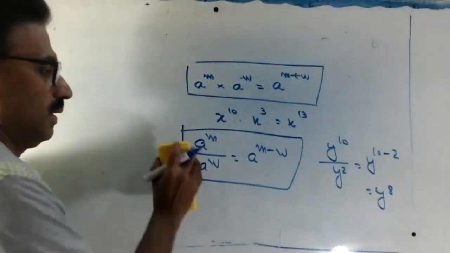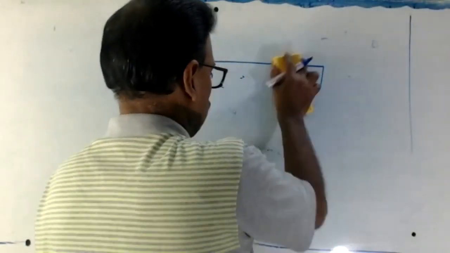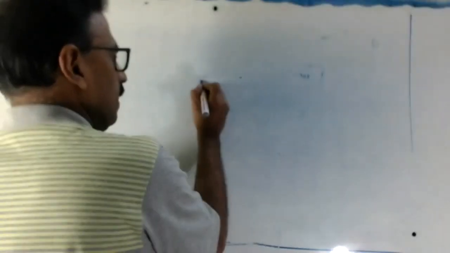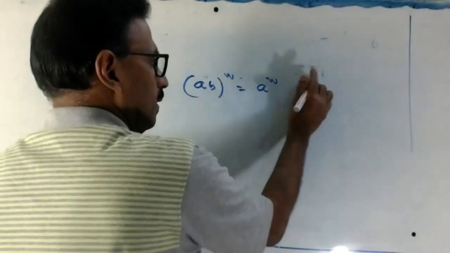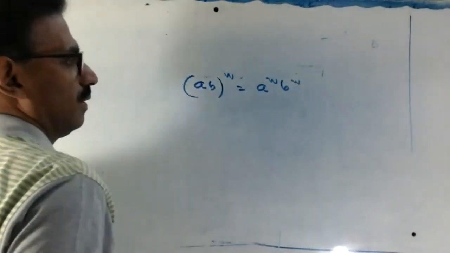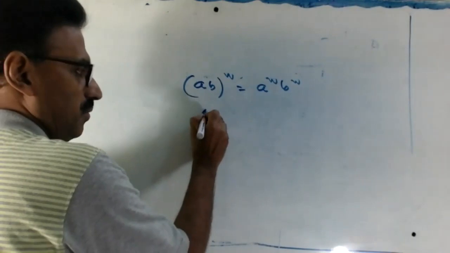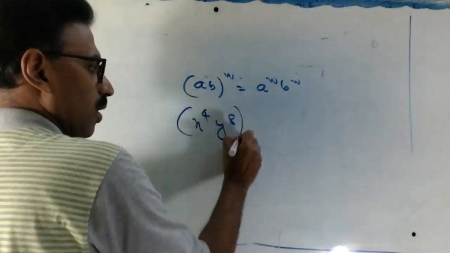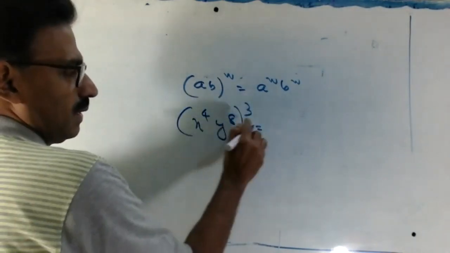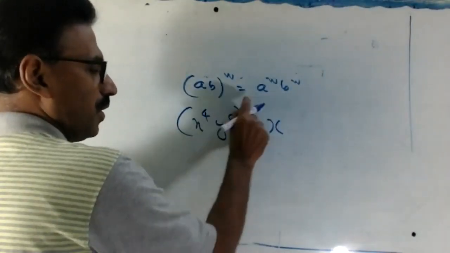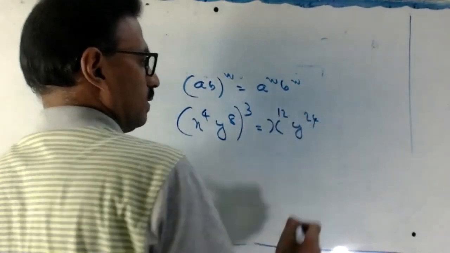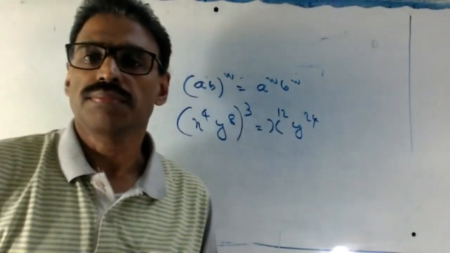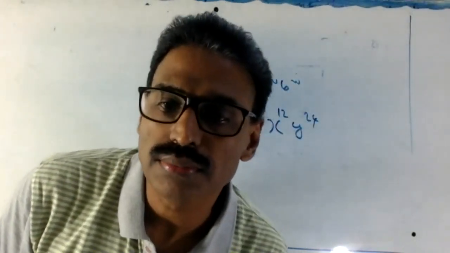Okay. Then we learn ab raised to n, that is a raised to n, b raised to n. Example x raised to 4, y raised to 8 whole cube, that is x raised to 4 into 3, 12, y raised to 24, like that. Okay or not?